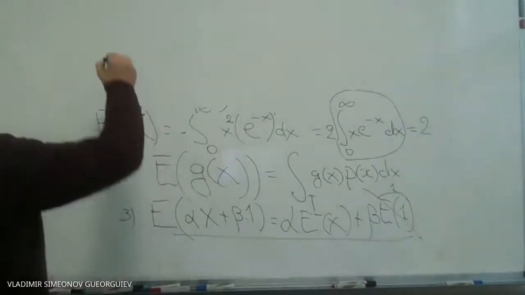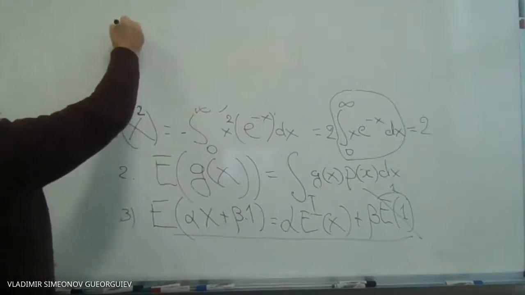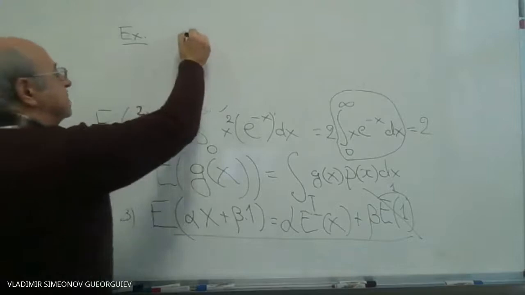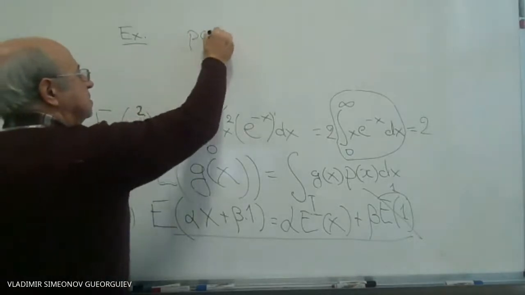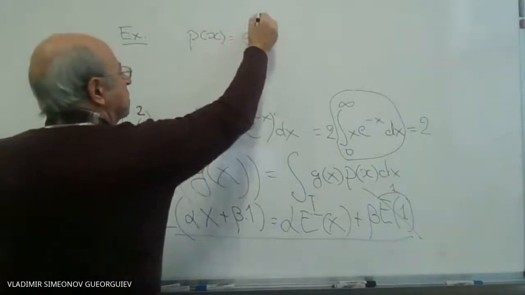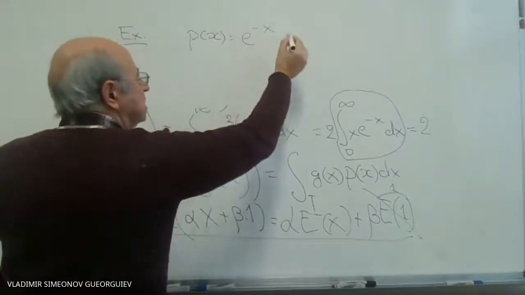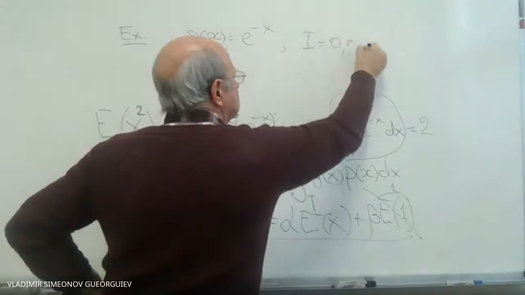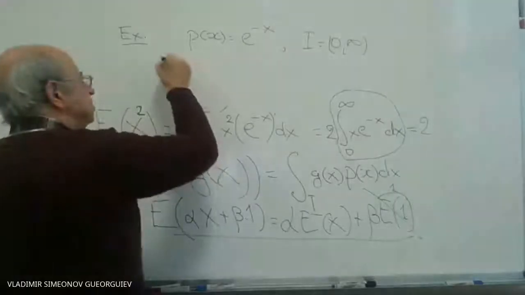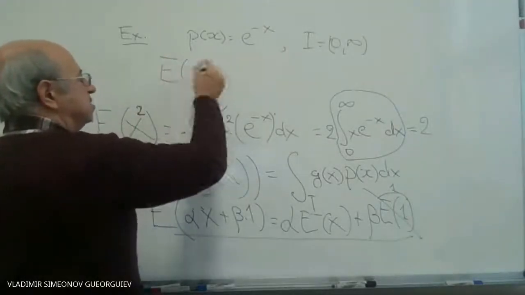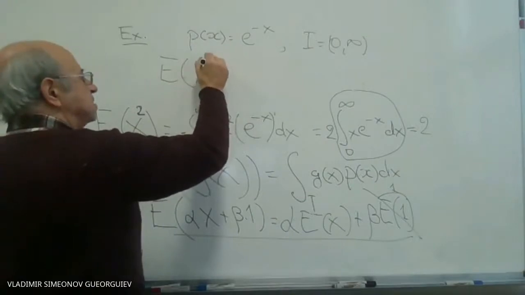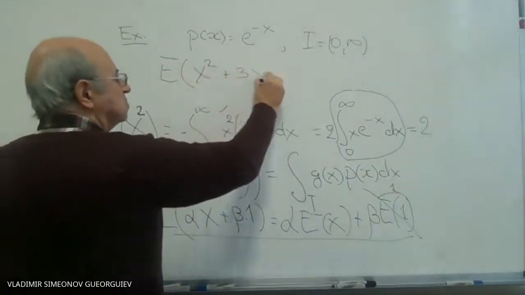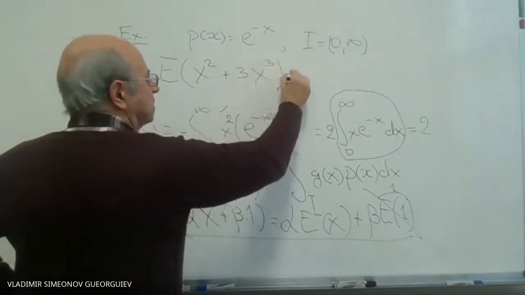The first example is the same px, that is e to the power minus x, with interval 0 to infinity. The question is to compute the expectation of x to the power 2 plus 3 times x to the power 3.